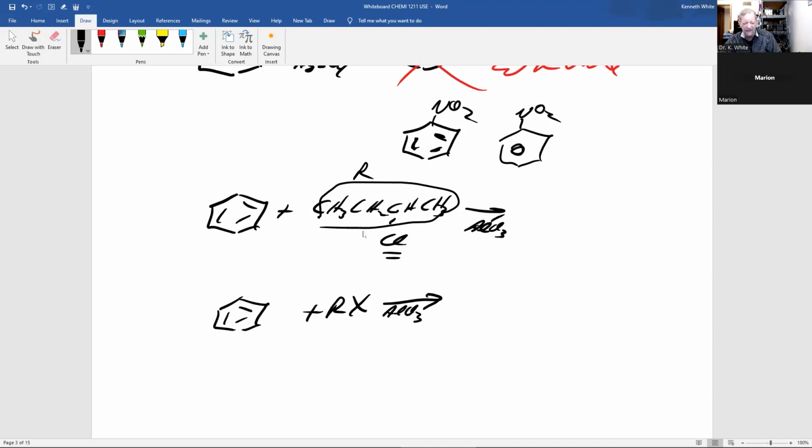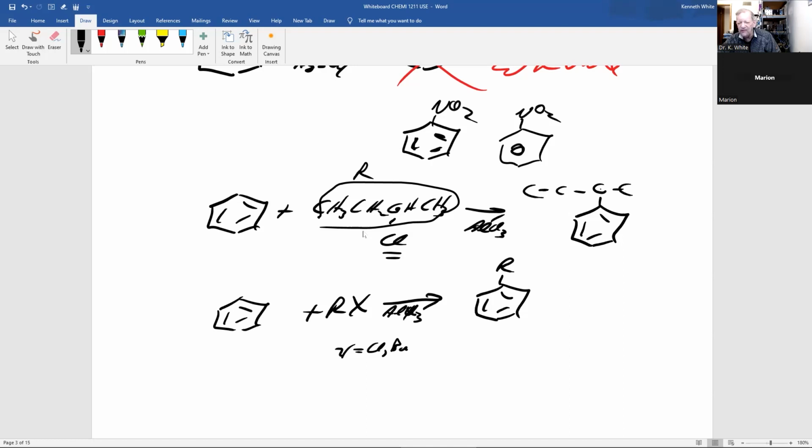And what you get: the halide X can be, I think I have in this one, chlorine or bromine. The benzene ring, don't forget the bonds, and then the R group. And which carbon has the halogen? That one. So I have my benzene ring. We don't break carbon-carbon single bonds. So I have my 4 carbons. This is the carbon that had the halogen that's now bonded to the benzene ring, and we're done.